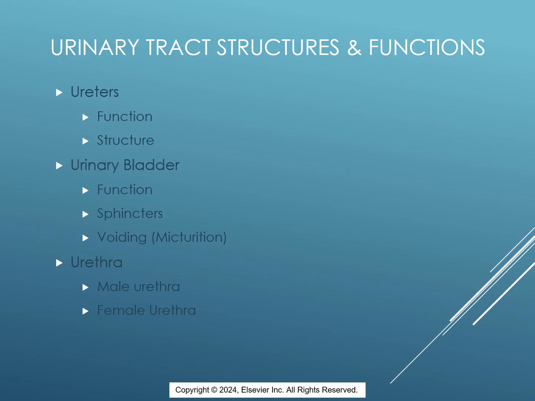Structure: the inner mucosal lining, the urothelium, the middle smooth muscles for peristalsis, and the outer fibrous layer. Urine movement is regulated by stretch receptors and peristaltic contractions.